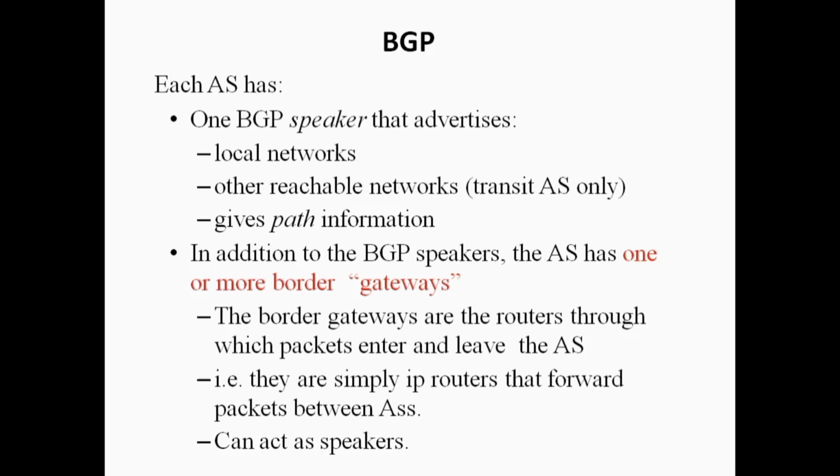In addition to the BGP speakers, the autonomous system has one or more border gateways. What does it mean? The border gateways are the routers through which packets enter and leave the autonomous system.